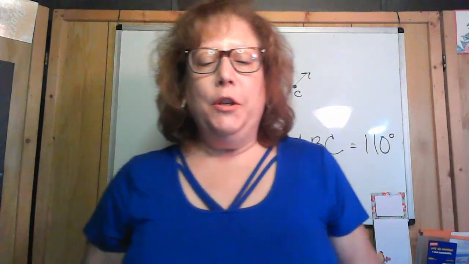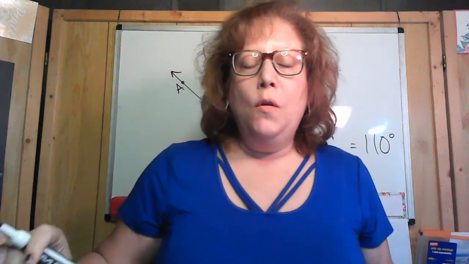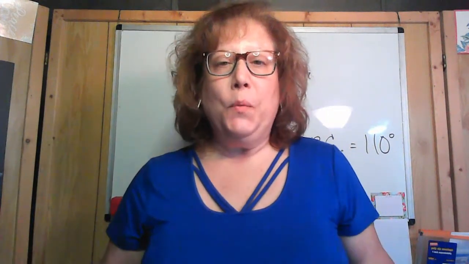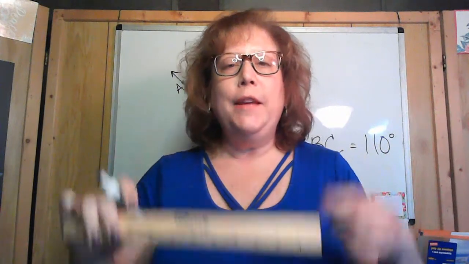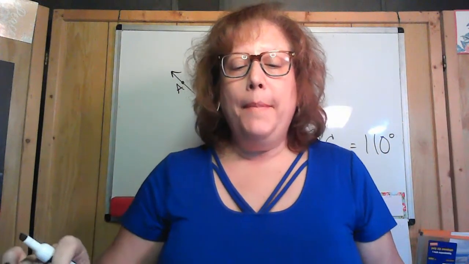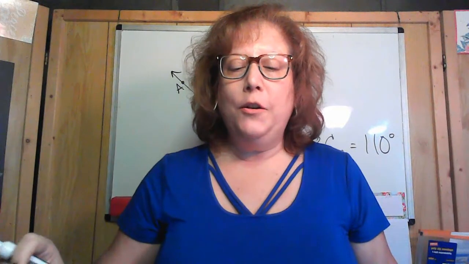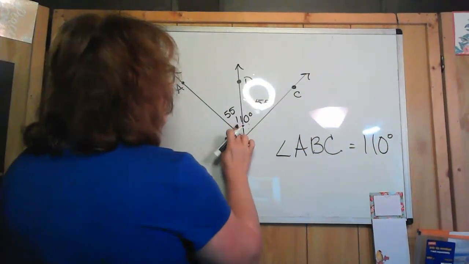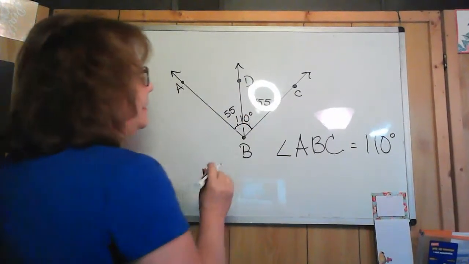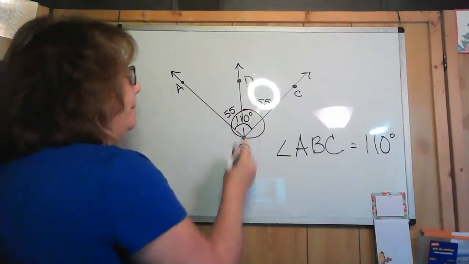Now what I want you to do is hit pause, and I want you to look at checkpoints 1, 2, and 3. They give you the whole measurements. Actually, I want you to look at 1 and 3. We're going to come back, and then we're going to look at 2 together. So they either give you part of the measurement or they give you the whole measurement. Make sure that you look at the little arcs. If you have a little arc that goes like this, it's the whole thing.